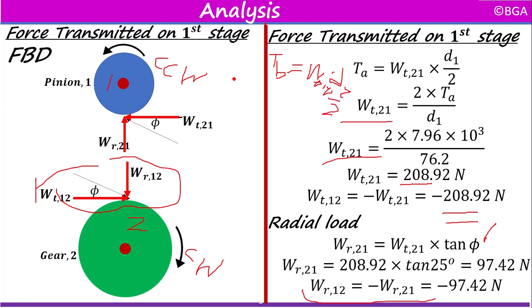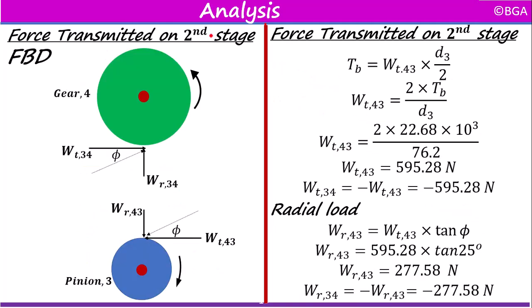From this expression, you can calculate the transmitted load. So either you can consider gear 1 or gear 2 to calculate the transmitted load. In this case, I prefer to use gear 1 to calculate the transmitted load. So both ways you get the same answer.